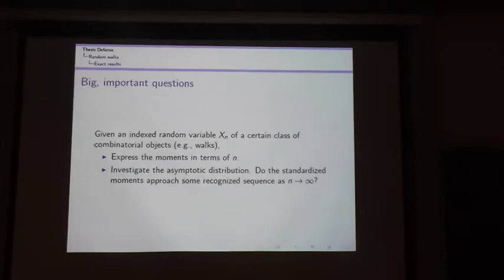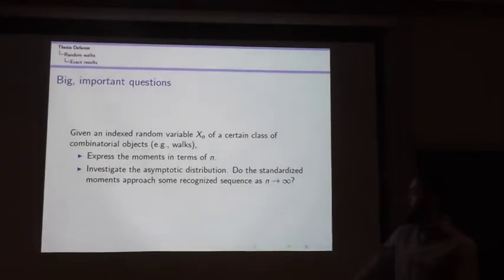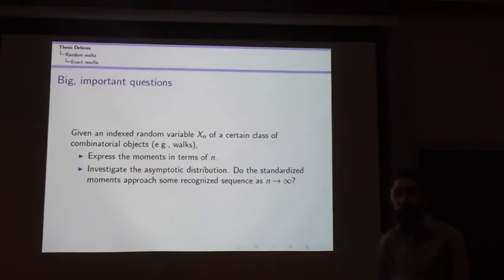Like I said, the question in this thesis that we're going to look at a lot is, suppose you have a random variable that's indexed. If you fix n, you can look at all the walks to the point (n, n), and you have a random variable for each n. Our goal here is, first of all, to express the moments of the random variable in terms of n, and that will tell us something about its distribution.